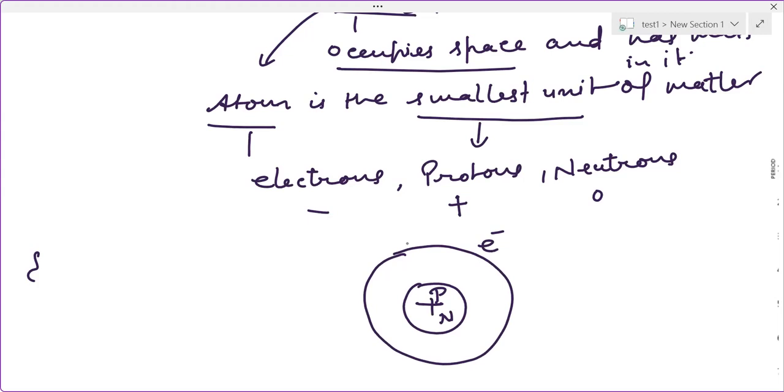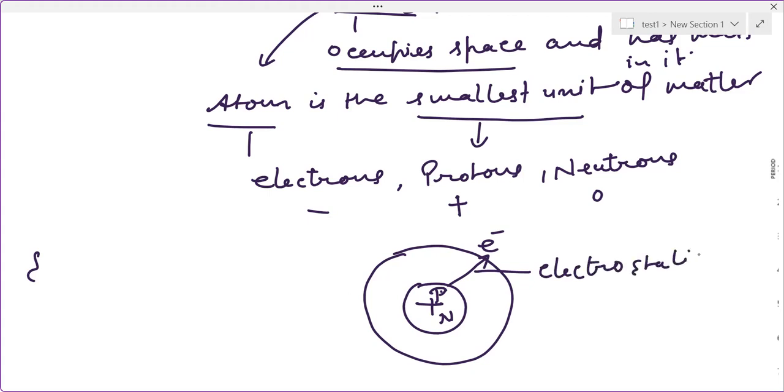Electrons are bound to the atom because of this positively charged nucleus. Because of this plus charge there is a force of attraction, and because of this force of attraction these electrons are not going to run away, and this force of attraction is called electrostatic force.